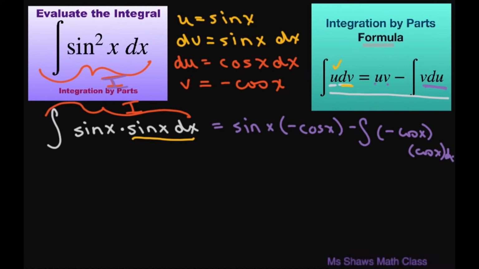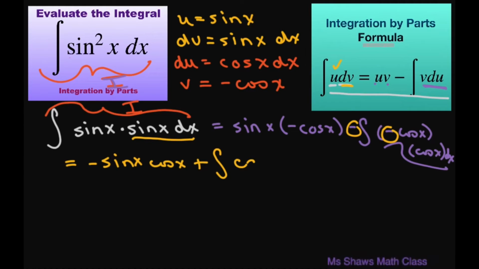All right, so this is going to equal negative, pulling out the negative, sine of x cosine of x minus, well, I have two negatives here, so let's put plus the integral of cosine squared of x dx.